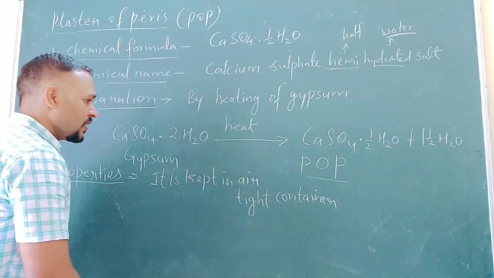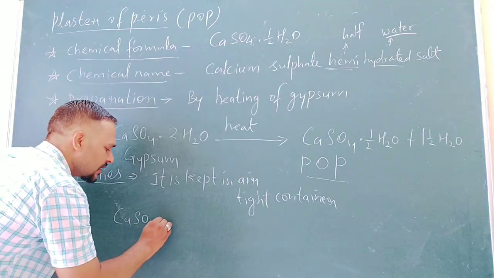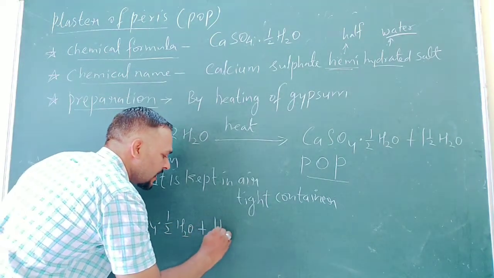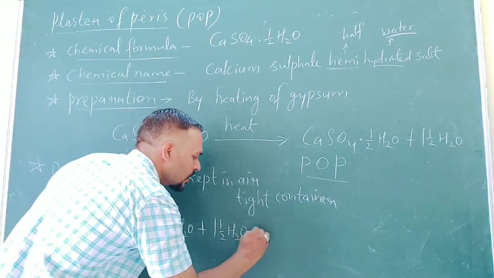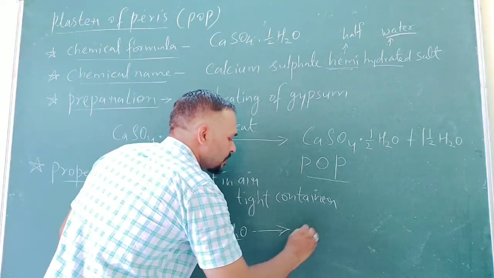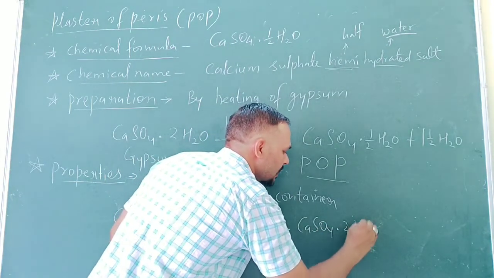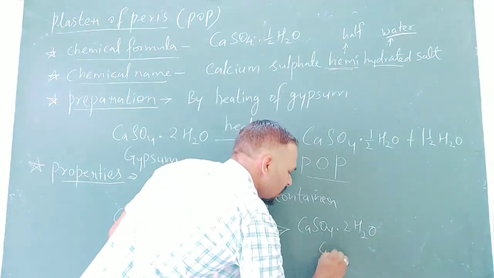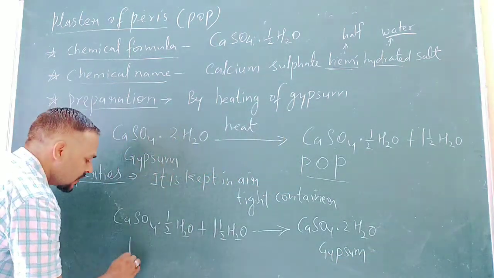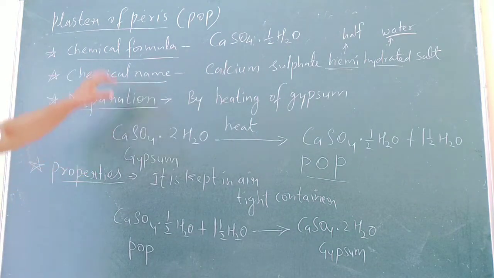The reaction is: calcium sulfate dot half H2O plus 1.5 H2O gives calcium sulfate dot 2H2O. That is gypsum, and the other is POP, plaster of Paris.